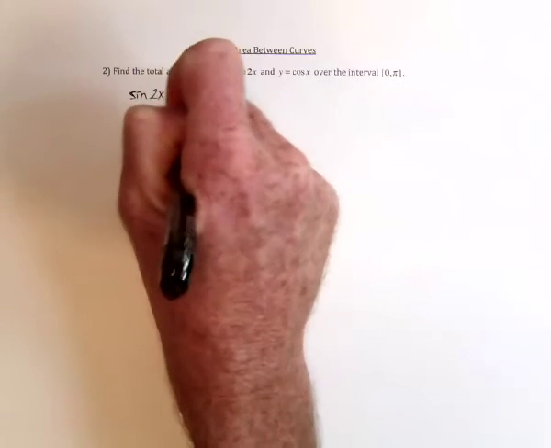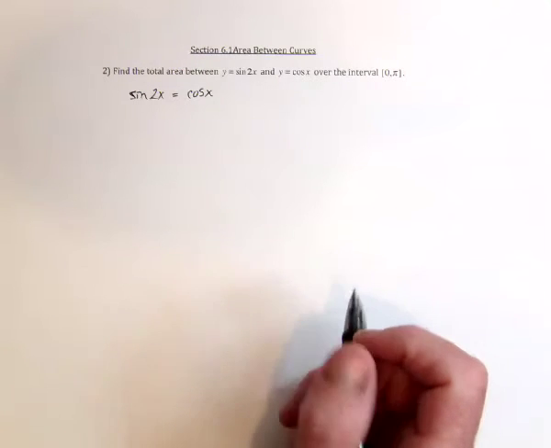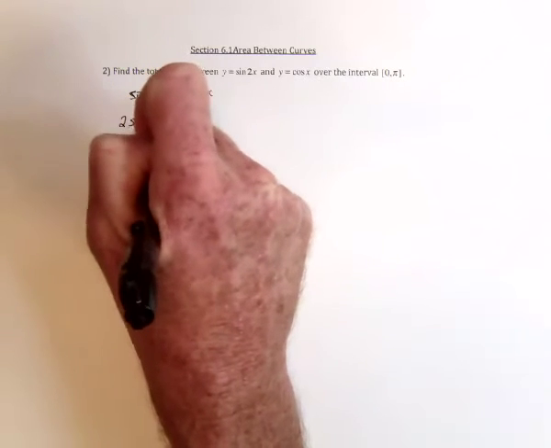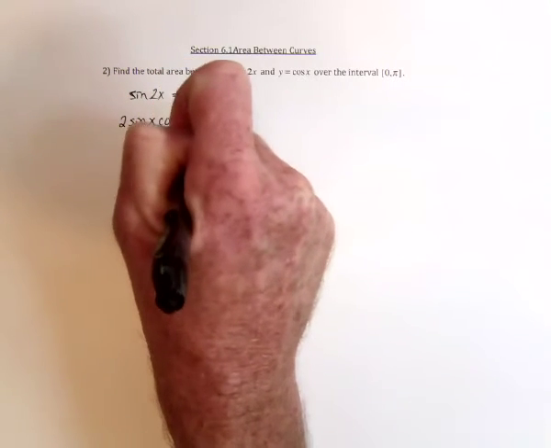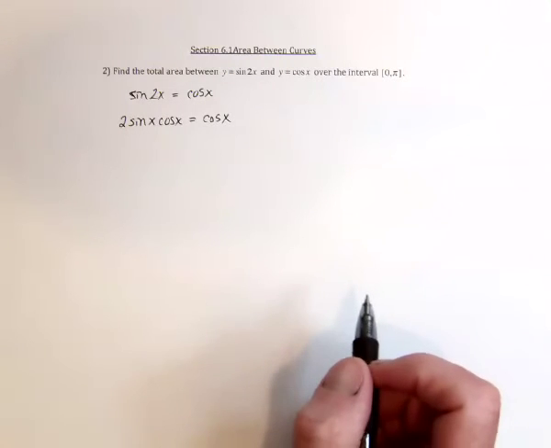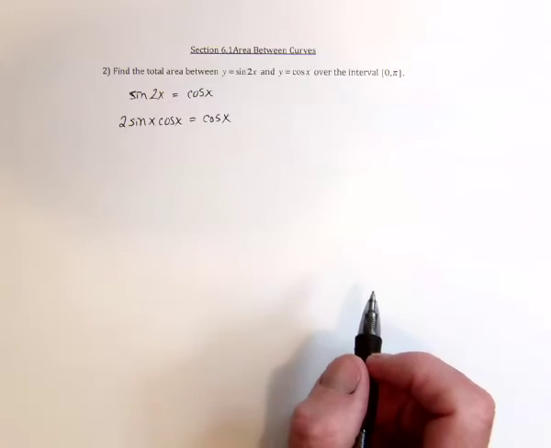When does sine of 2x equal cosine of x? And then use a trig substitution for the sine of 2x, namely 2 sine of x times cosine of x. And it's tempting to divide out a cosine, but if cosine ever equals 0, you would be dividing by 0.